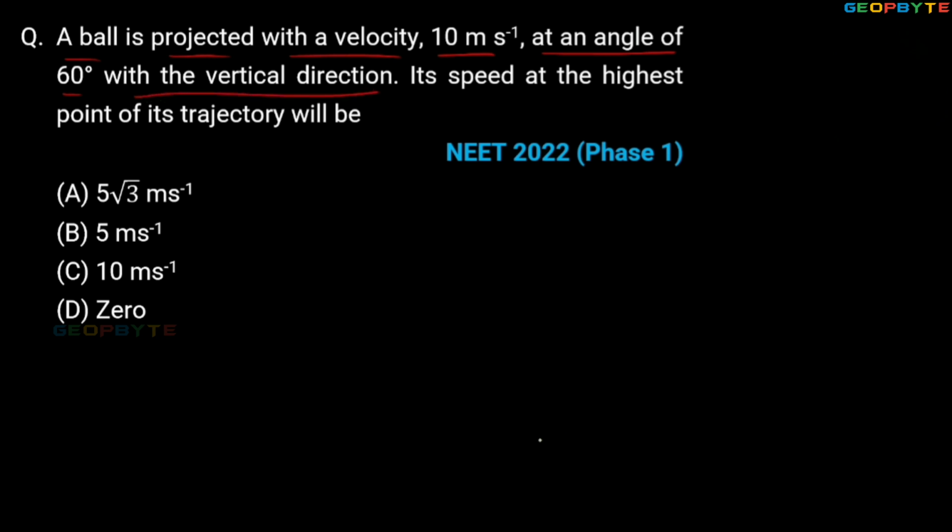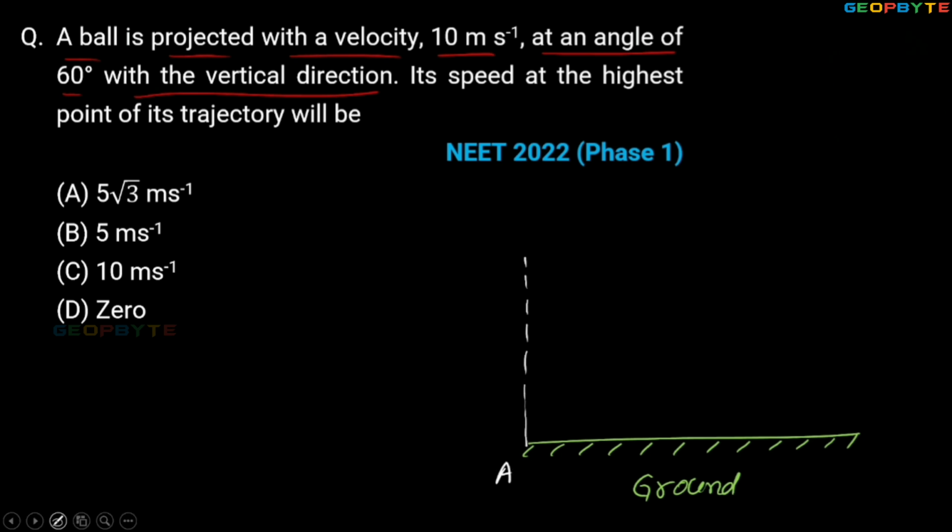Let us take the horizontal direction that I am calling as ground, and this is the vertical direction from the point A. It is given that the ball is projected with a velocity u equal to 10 meter per second at an angle 60 degrees with the vertical. Then what about the angle with respect to horizontal? It is 30 degrees.